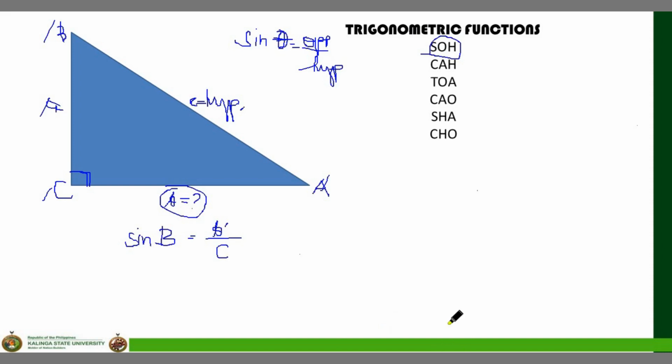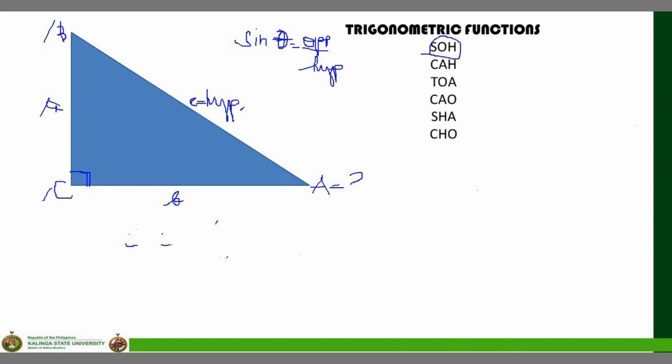Last one. What if side A and side B are given, angle C and angle B are given, and angle A is unknown, with the hypotenuse also given? What will I use to get angle A?